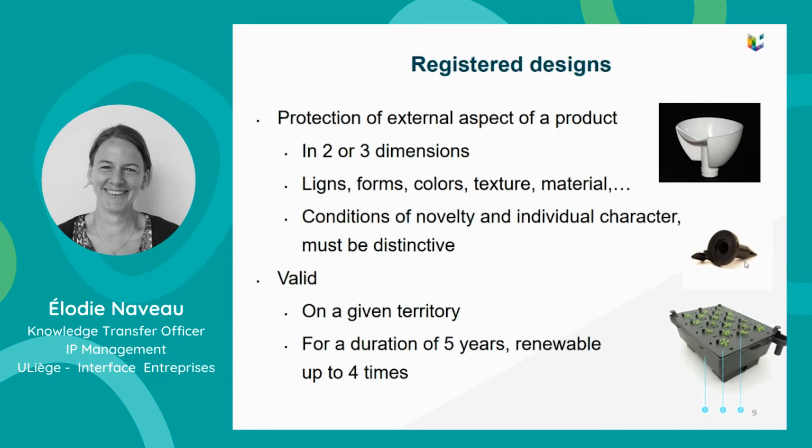We don't have many examples of design at the university because usually we are interested in the technical aspects and not really making things that look beautiful, you know. But sometimes it can happen that we have both, but it's not very common. The protection of a design is for a duration of 5 years, also on a given territory, and it is renewable up to 4 times.